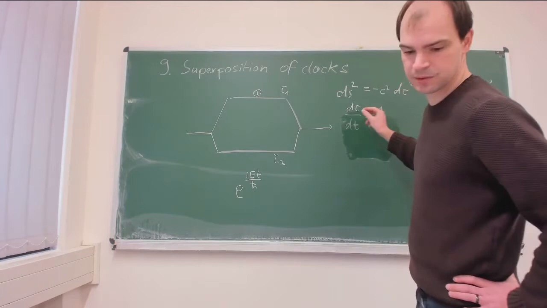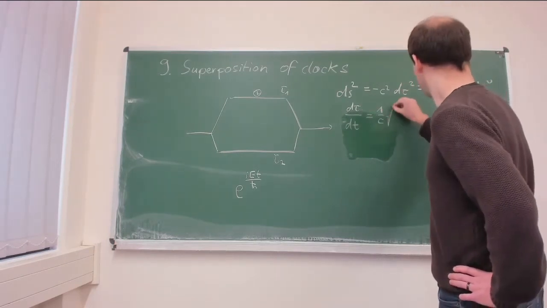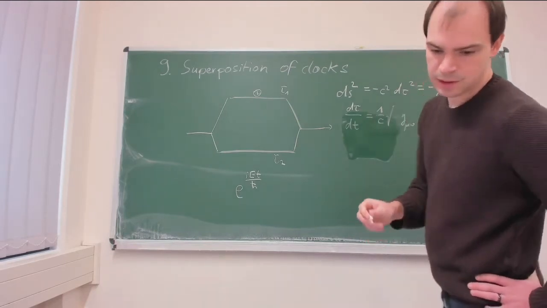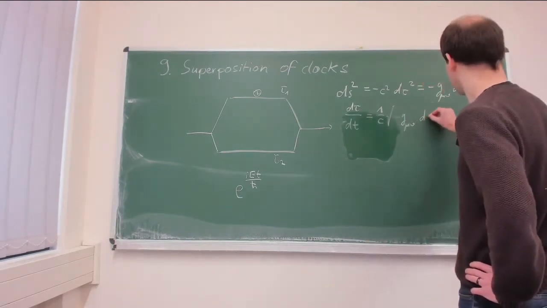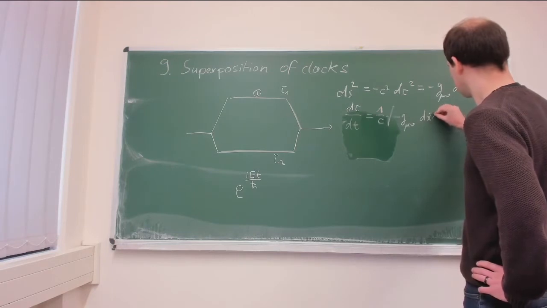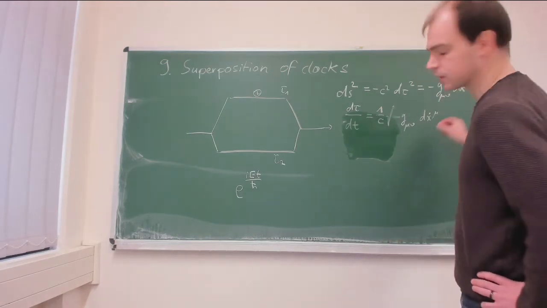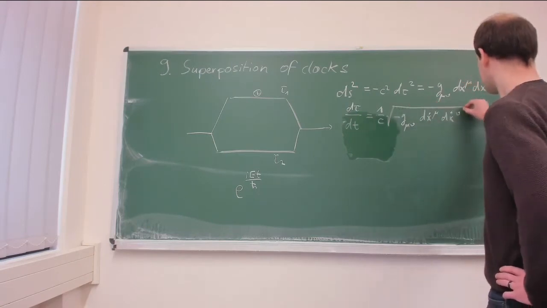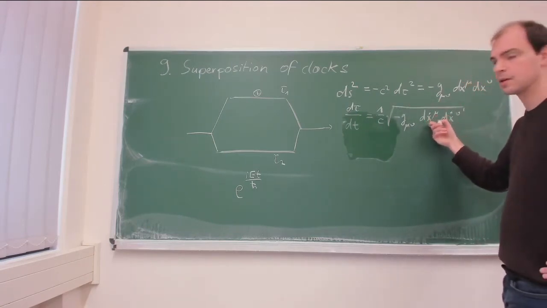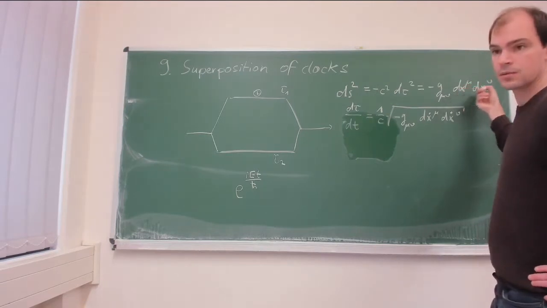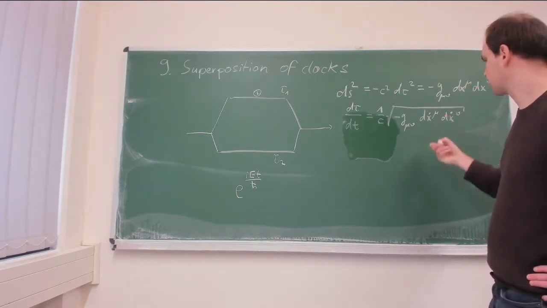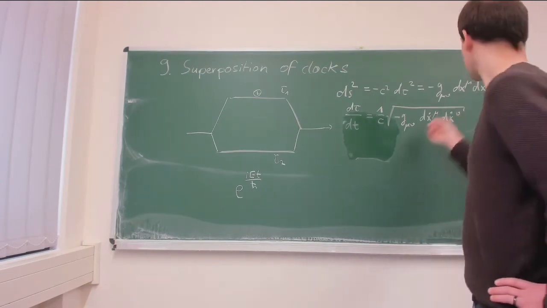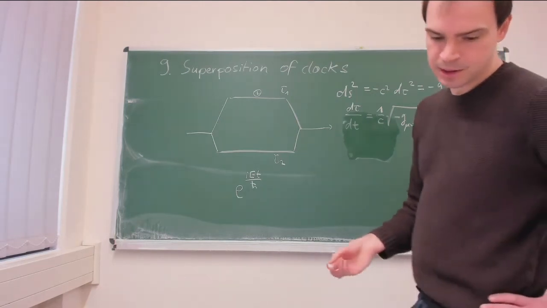Taking this derivative, we get 1 over c square root of minus g mu nu dx dot mu dx dot nu. So those are the derivatives of the components x mu of those objects by time.